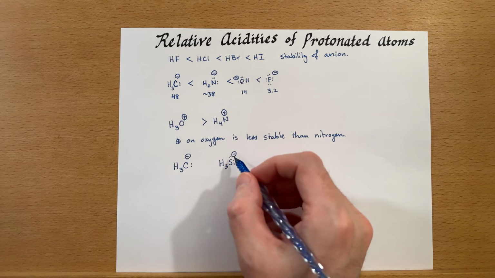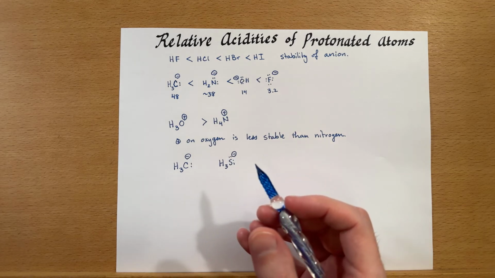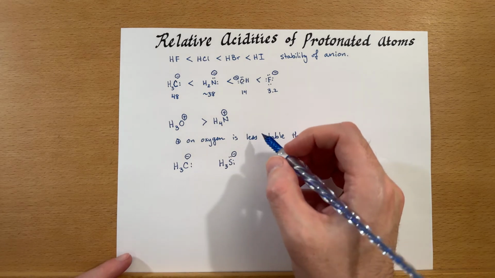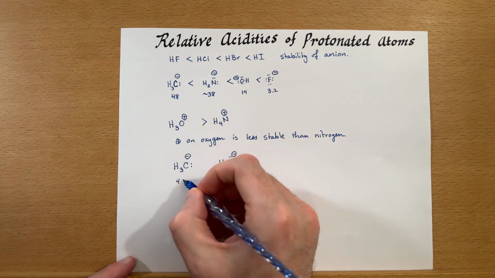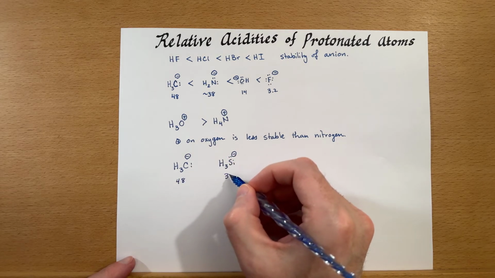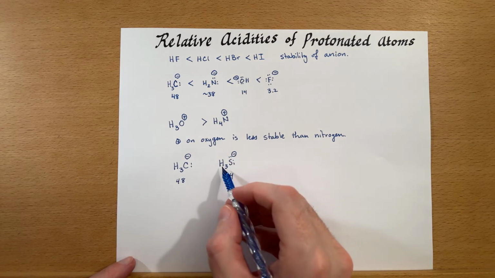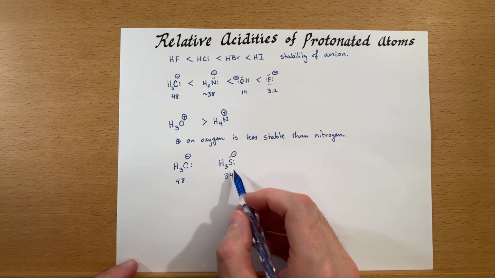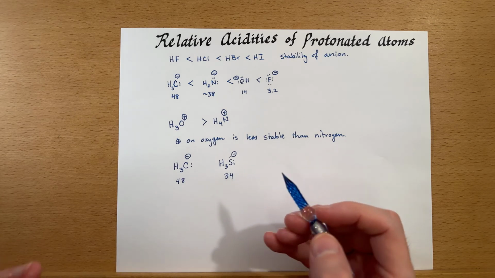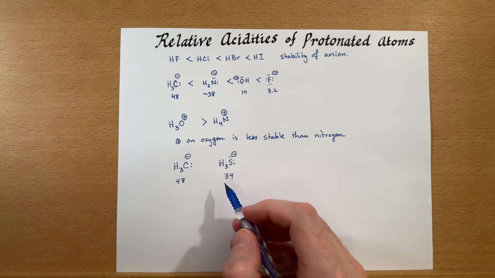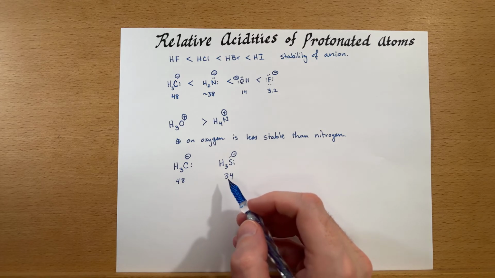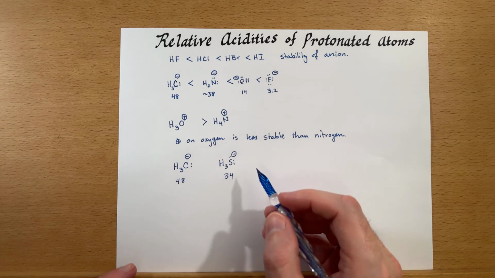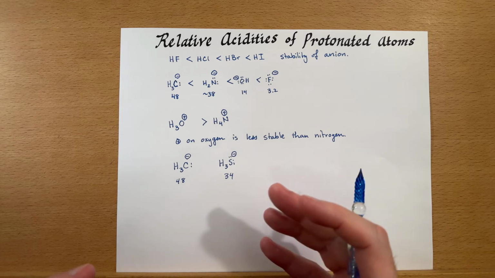Same kind of species, right? A deprotonated version. This silicon species is more stable. And that, again, is because larger atoms are better able at handling the negative charge because they're able to spread it out more.